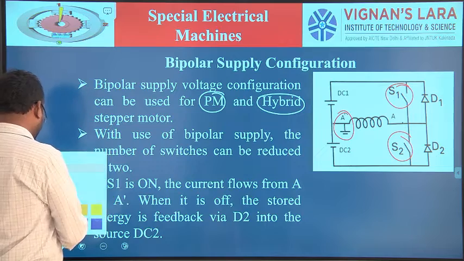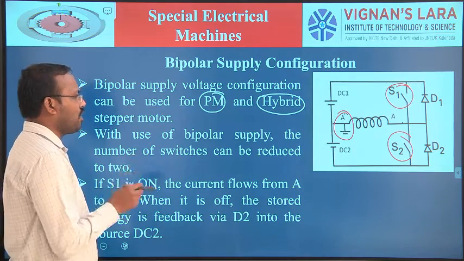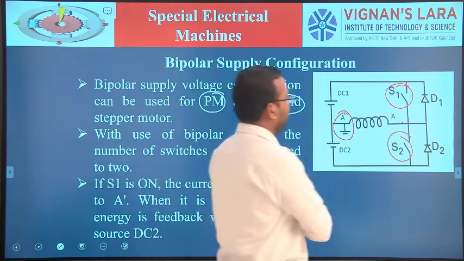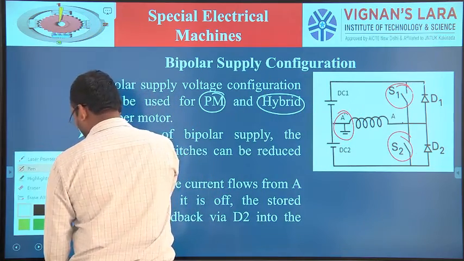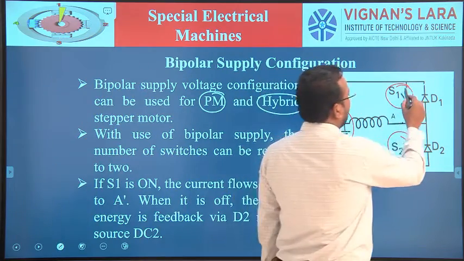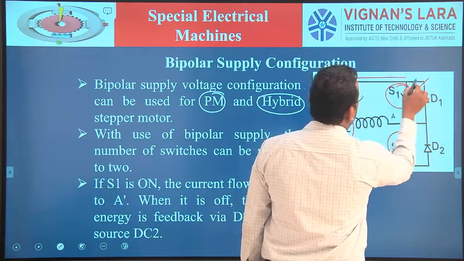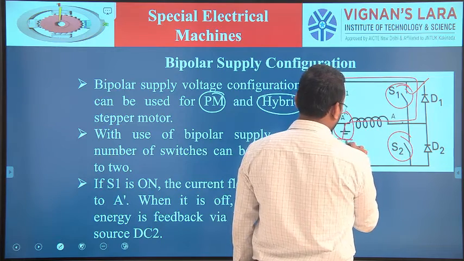Now see here, when S1 is on, the current flows from A to A prime. S1 is going to turn on, and the current flows this way and goes to ground.